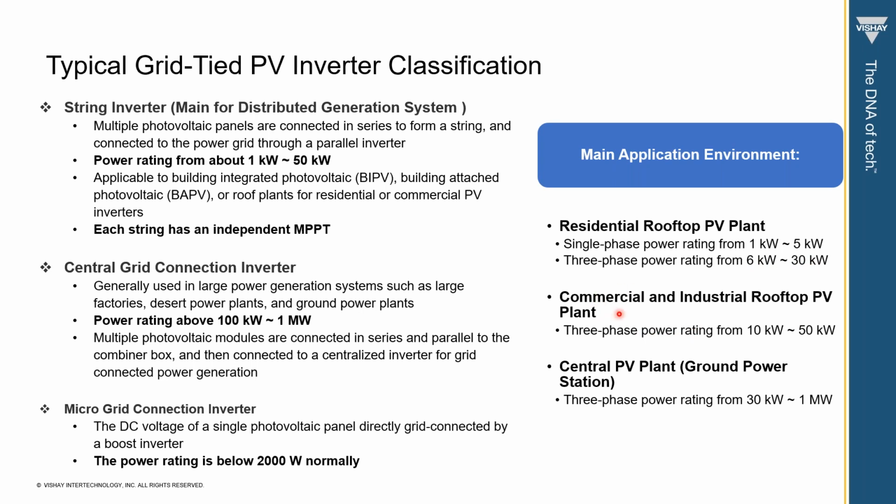The next is the commercial and industrial rooftop PV plant, normally three phase with a power rating from 10 kilowatt to 50 kilowatt. The last one is the central PV plant, also referred to as the ground power station, which is three phase from 30 kilowatt to 1 megawatt.